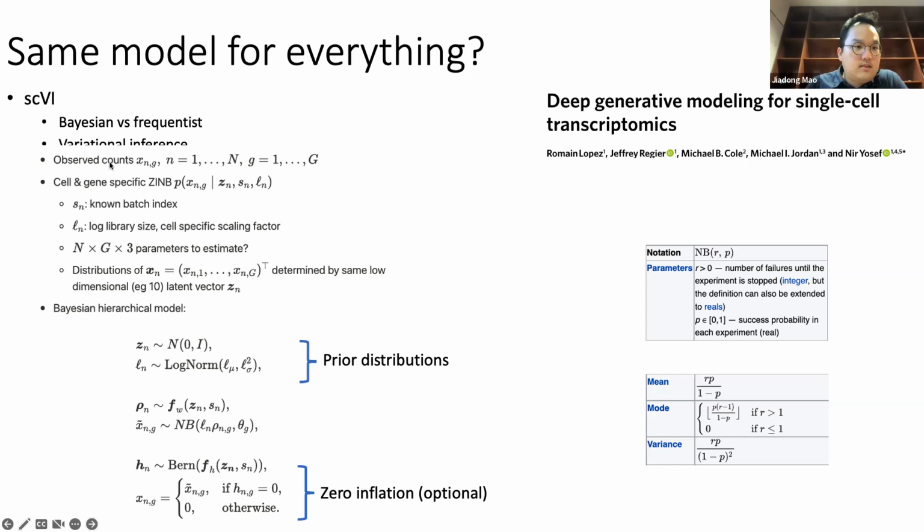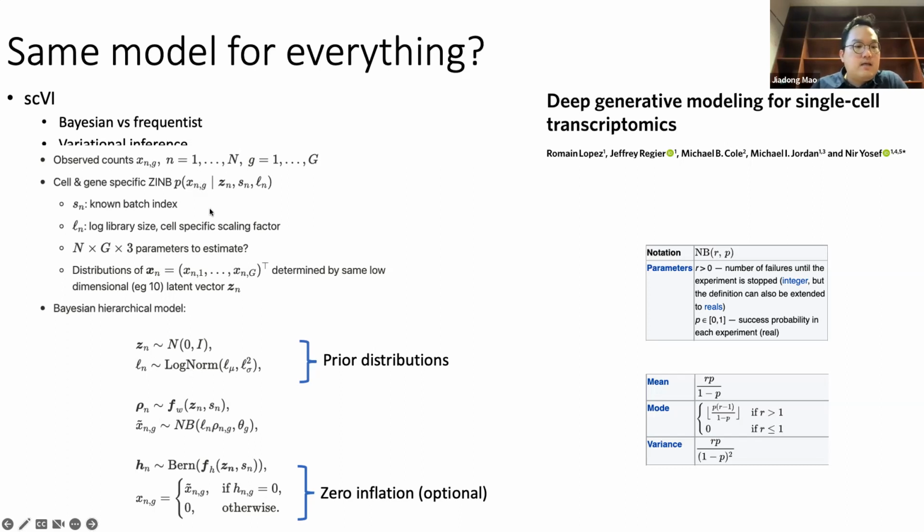We denote the observed counts as X and G. Suppose we have a big N times big G matrix containing N samples, or N cells, and G genes. And for each gene and each cell, we use a zero inflated negative binomial distribution to model that particular count.